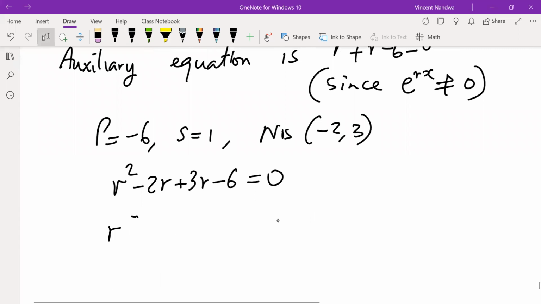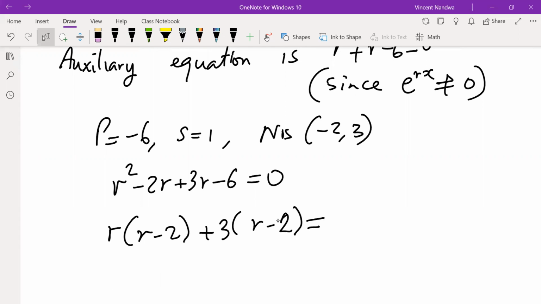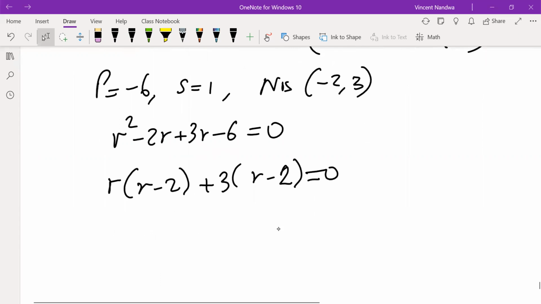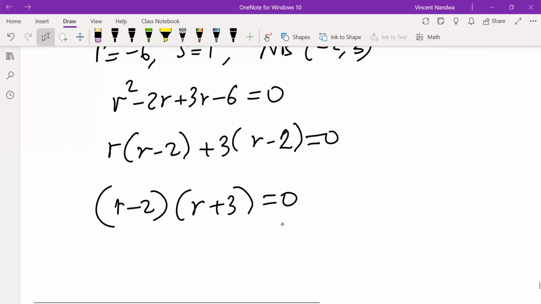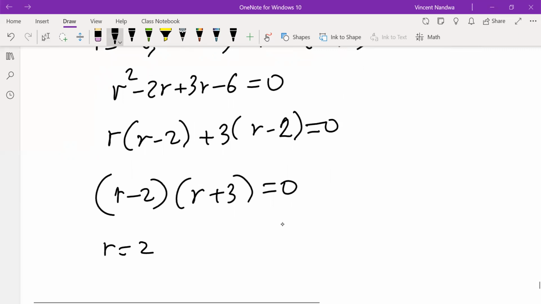So r into (r minus 2) plus 3 into (r minus 2) equals 0. So (r minus 2)(r plus 3) equals 0. So r equals 2 or r equals minus 3.